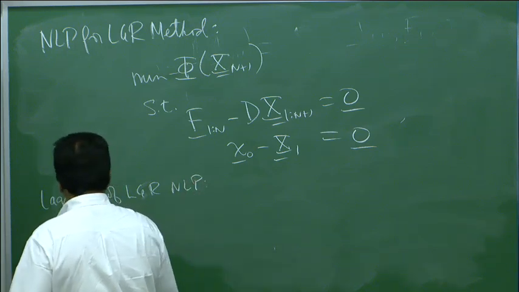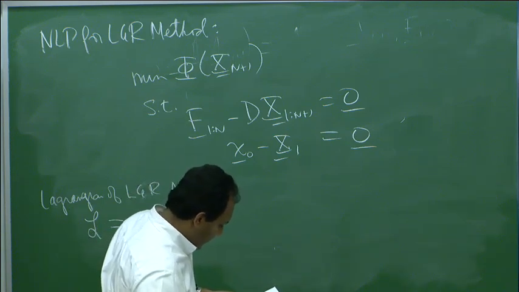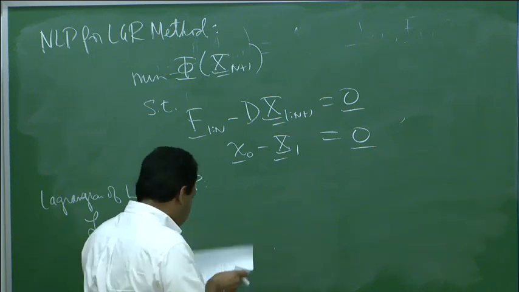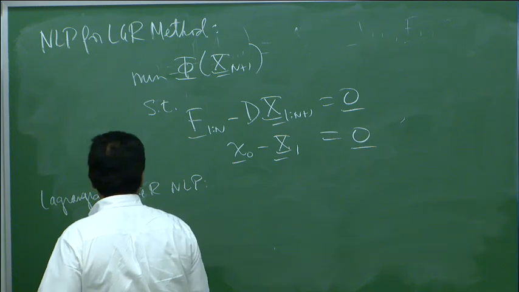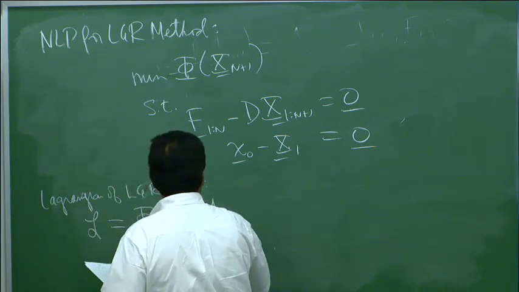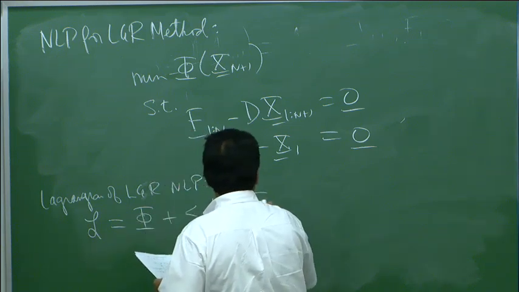I get L, my Lagrangian, which I want to make sure I don't write down incorrectly, so we'll go through it carefully, is equal to phi, which is the objective function, plus the inner product of now these multipliers. Again, this is the same thing we got when we did this for Gauss.